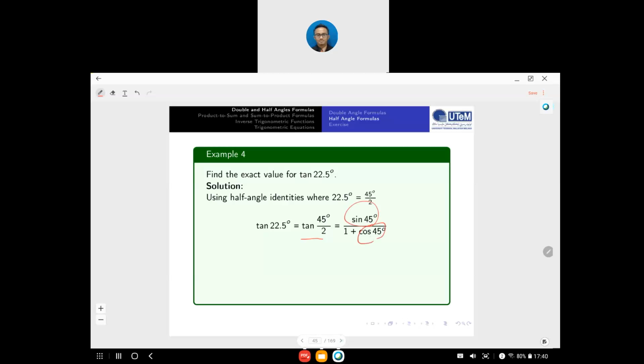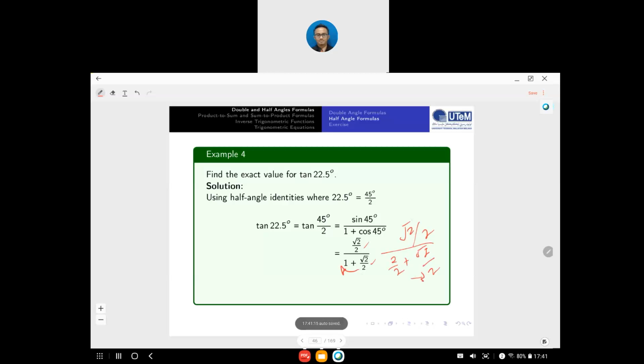So when we use the special triangle, so sine 45 degree we can get root 2 over 2, and then this one root 2 over 2 also. So this one you need to simplify. Yang ni boleh darab ni dia akan jadi 2 over 2. Okay, this one root 2 over 2. So this one become 2 over 2 plus root 2 over 2.